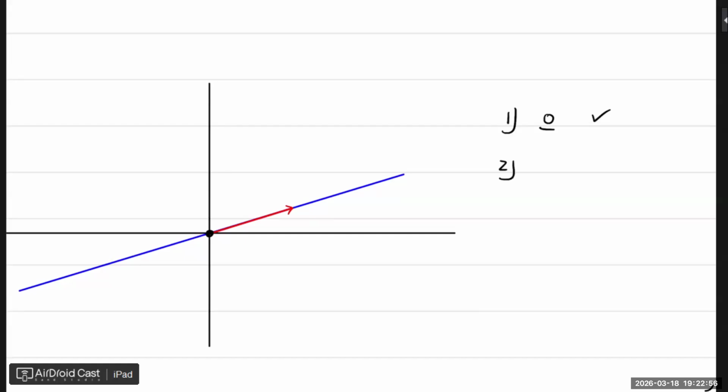Secondly, is it closed under addition? Meaning, if I have any vector on this line and I add them, will I still be on this line? The answer is yes. So it's closed under addition. And third, yes. They should be on that line.